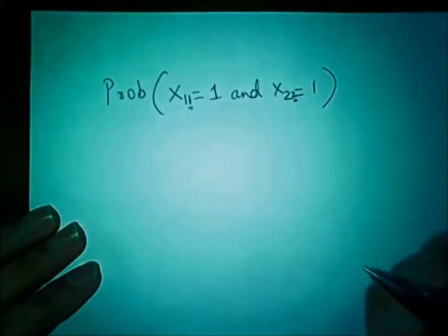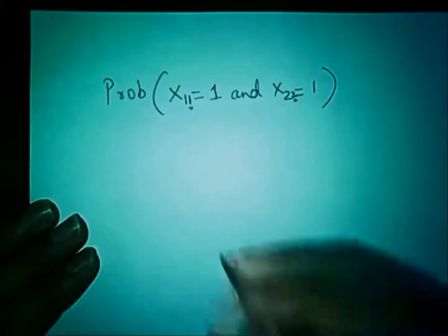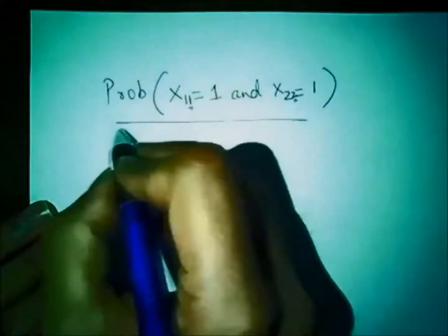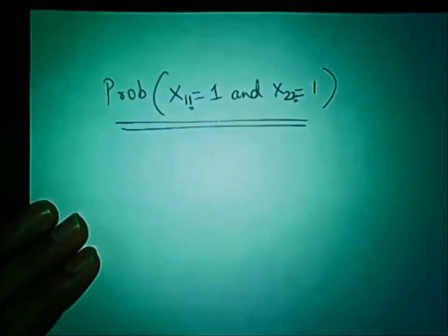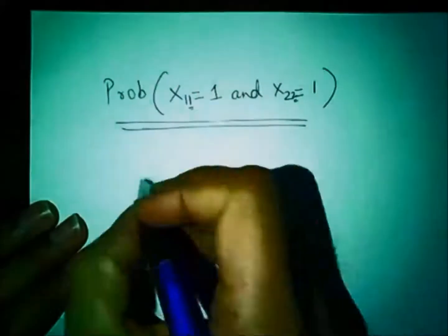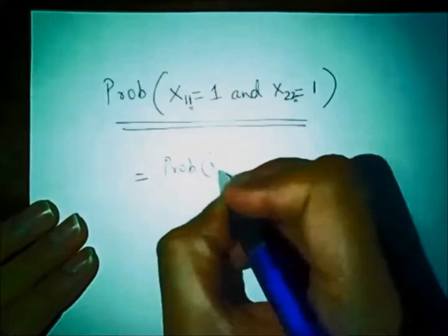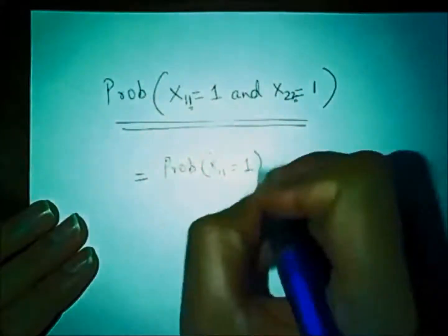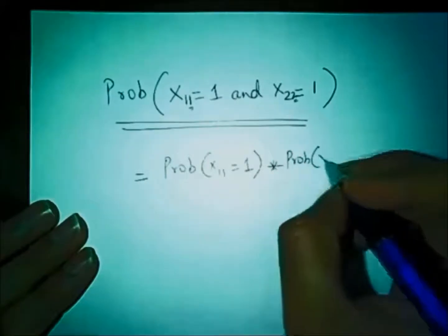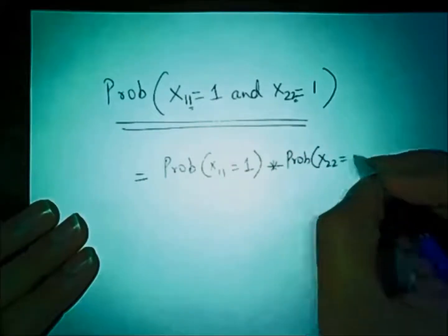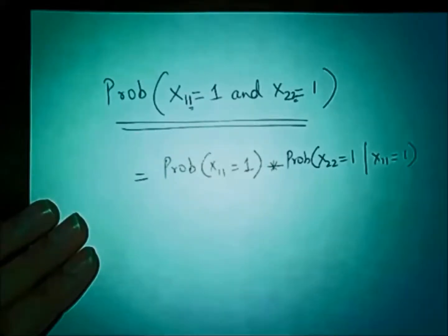So by Bayes' theorem, what we actually can calculate is joint probabilities like this. So a probability like this, where you want to calculate the probability with which 2 events would occur, would be given as probability that x1^(1) would be 1 multiplied by the probability that x2^(2) would be 1 given that x1^(1) is 1.